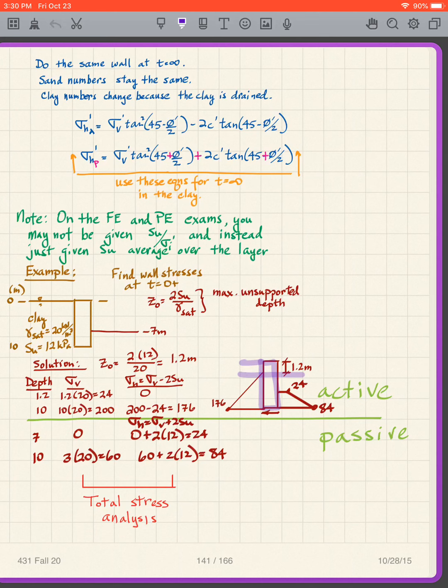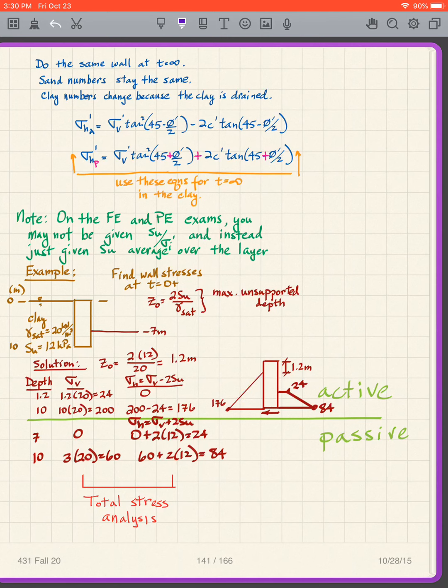We're not going to put down negative stresses because they don't really exist. Usually there's some sort of separation or cracking, and we don't want to take into account negative stresses in this particular situation. So we start there and determine downward from there what the active stresses are.